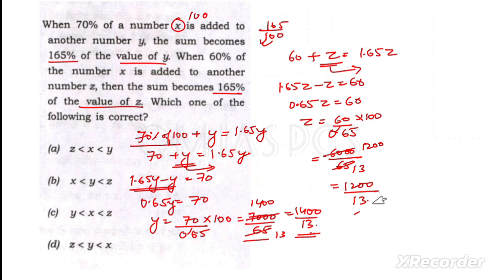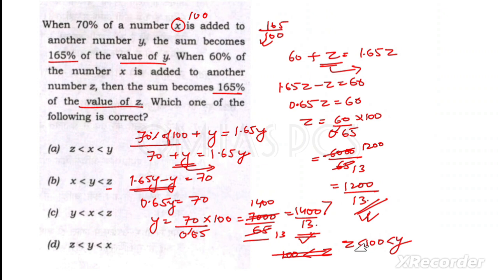Now can you tell me whether this value is more than 100 or less than 100? If you compare 1400 by 13 and 1200 by 13, the first is greater. Compared with 100, that is x, the value of z is less than 100, and y is more than 100.